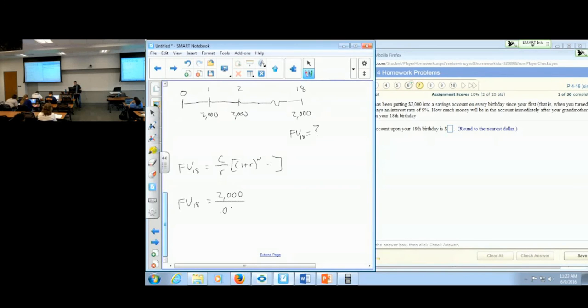The interest rate is 9%, so we plug in 0.09. Multiply that times 1 plus our interest rate. When I write this down, I'm going to go ahead and do the addition so I can save myself that possible mistake in the calculator. So 1 plus R, where the interest rate is 0.09, we're just going to write as 1.09. In 18, we're receiving 18 total payments.